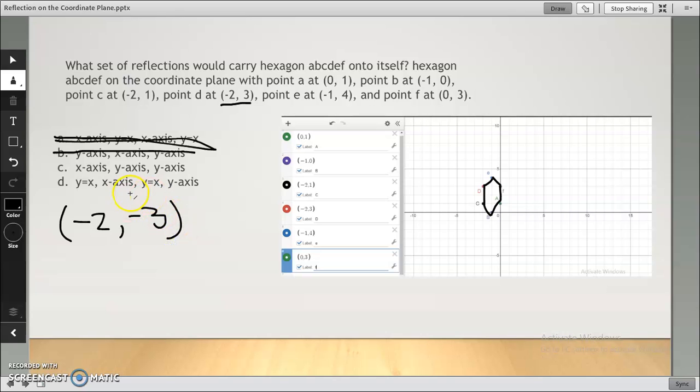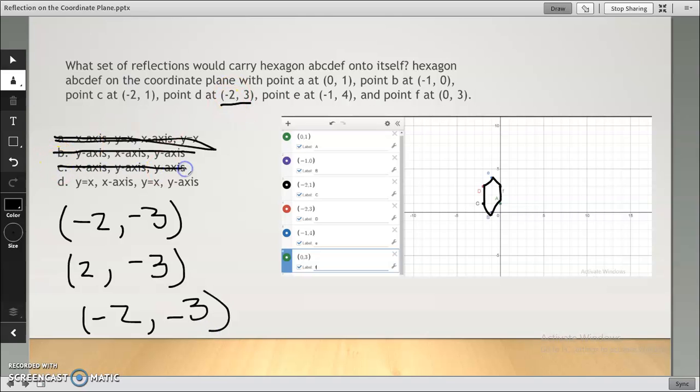The only thing that changes is my y value. Then I'm going to flip it over the y-axis. So that's going to become (2, 3). Okay, so my x value changes. When I flip it over the y-axis again, my x value changes to (-2, 3), which is not the original.